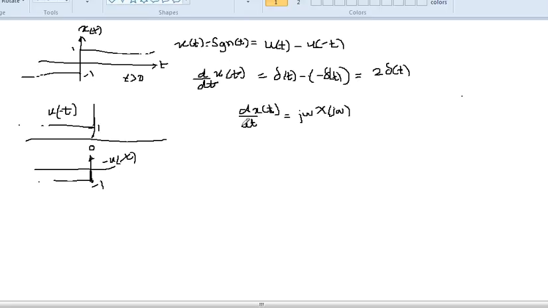The differentiation property is d by dt of x of t is equal to j omega X of j omega. Now d by dt of x of t's value we have, it is 2 into del of t, but the Fourier transform of del of t is 1, so we write it as 2 equals j omega into X of j omega.